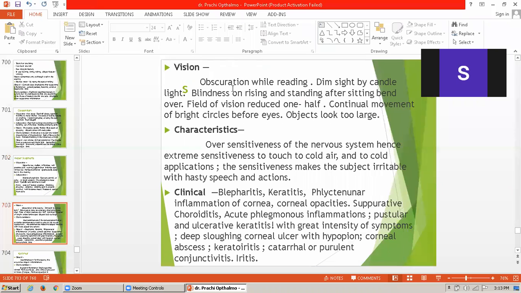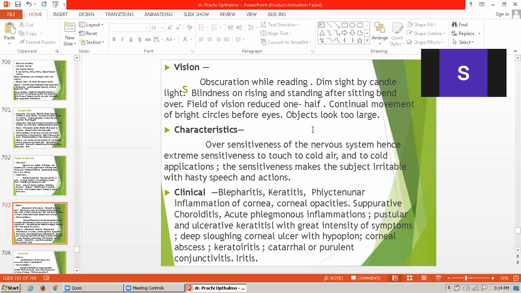Vision: there is obscuration while reading, dim light by candle light, blindness on rising and standing after sitting, bending over, field of vision reduced by one half, and continual movement of a bright circle before the eyes.